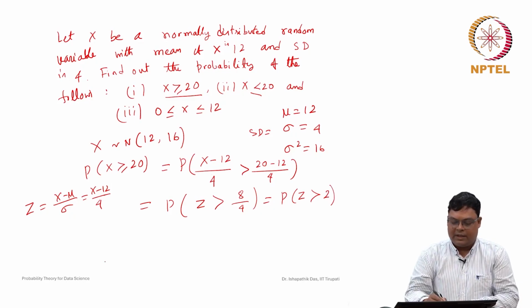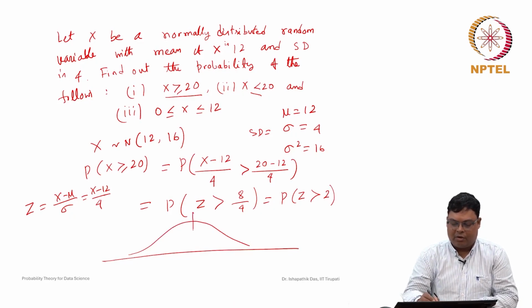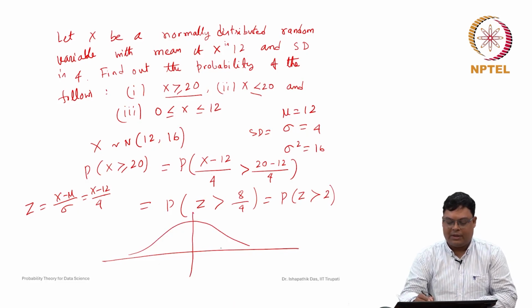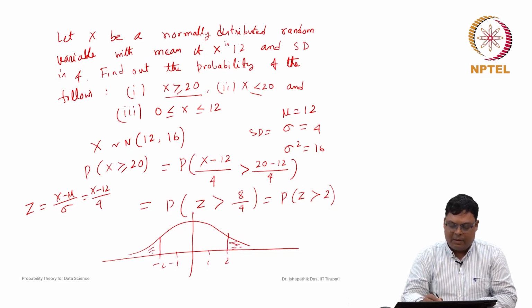Now, z is a standard normal variate. Suppose this is the standard normal distribution, approximately this curve, and this is 1, this is 2, similarly minus 1 and minus 2. Now, z greater than 2, this area, by symmetry will be the same as z less than or equal to minus 2.